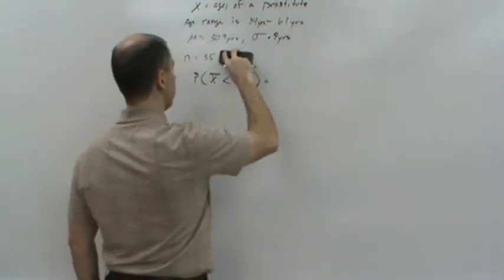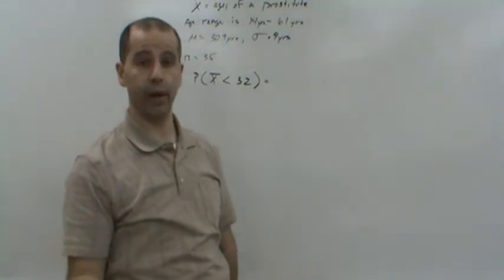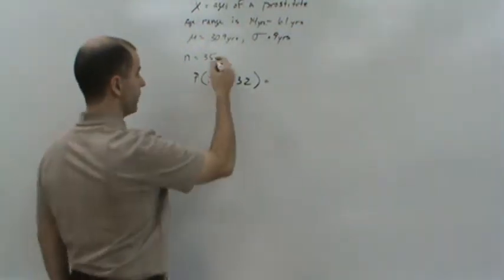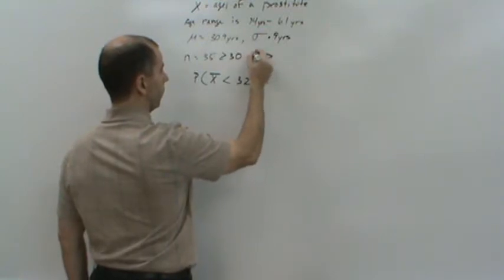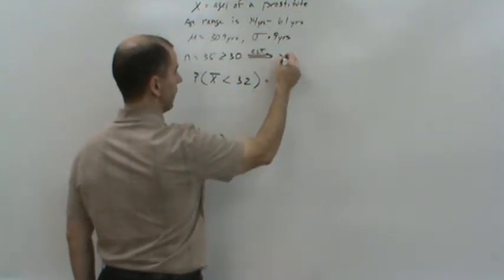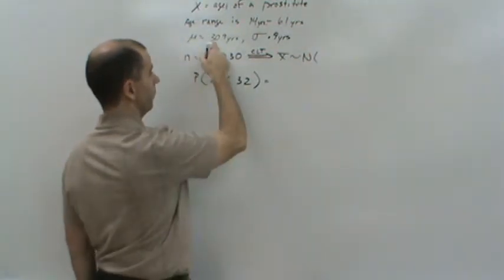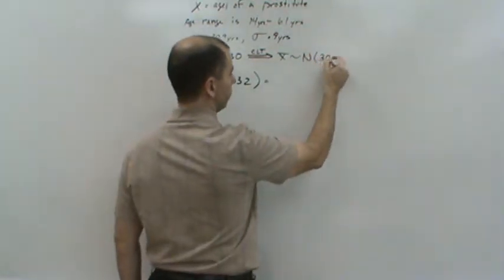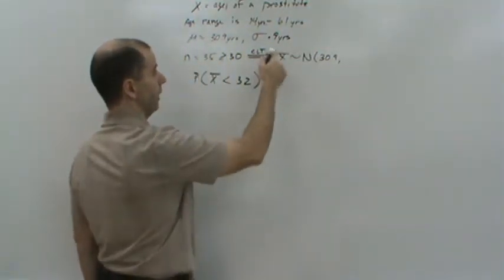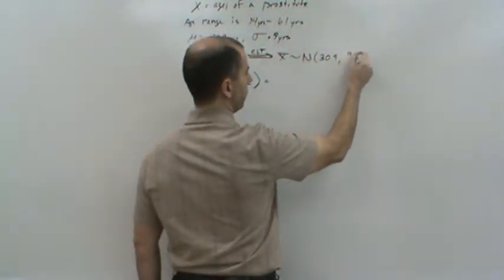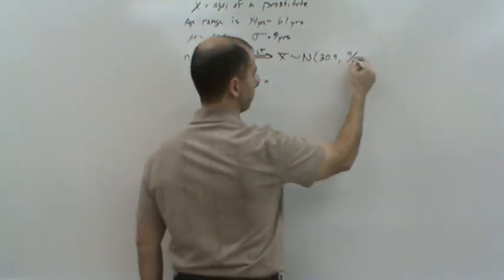The central limit theorem tells us that if the sample size is bigger than or equal to 30, and this is definitely at least 30, then x bar is going to be normally distributed with a mean of 30.9. And the standard deviation of x bar is 9 divided by the square root of 35, the sample size.